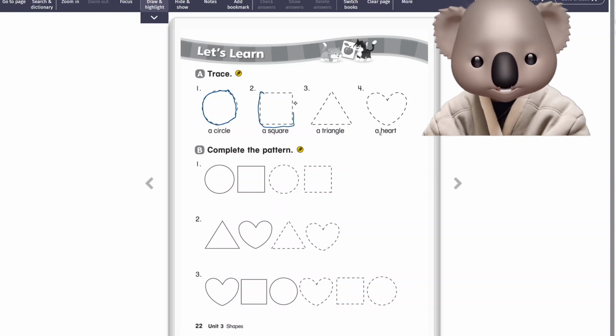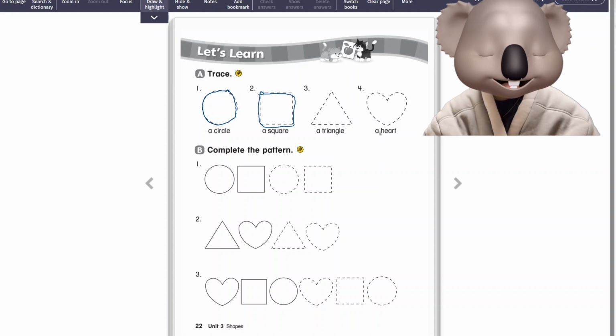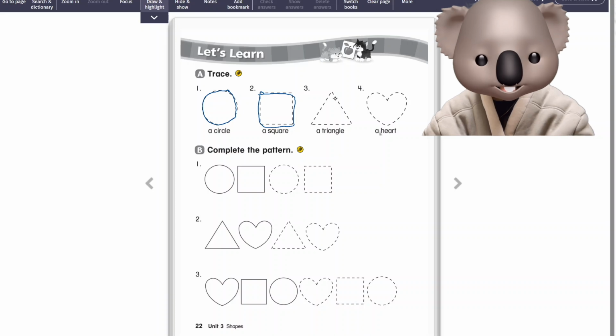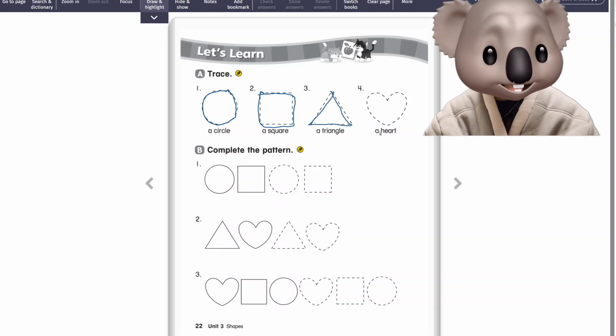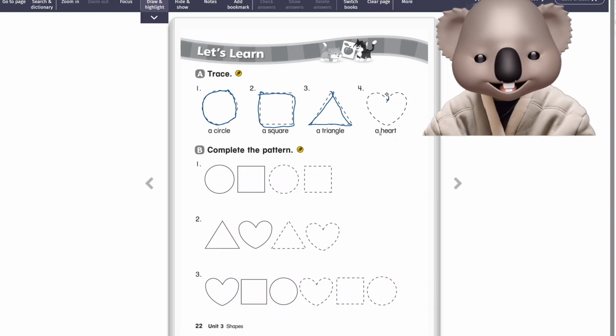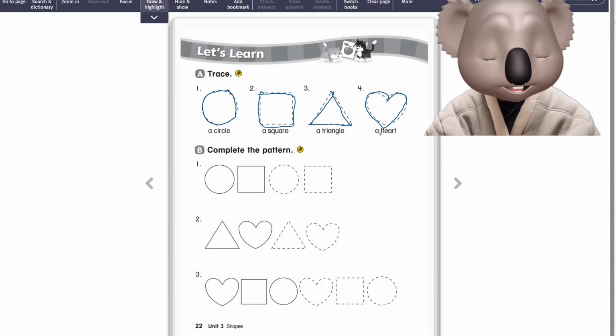A square. In number 3, this is a triangle. A triangle. And in number 4, this is a heart. Great job!